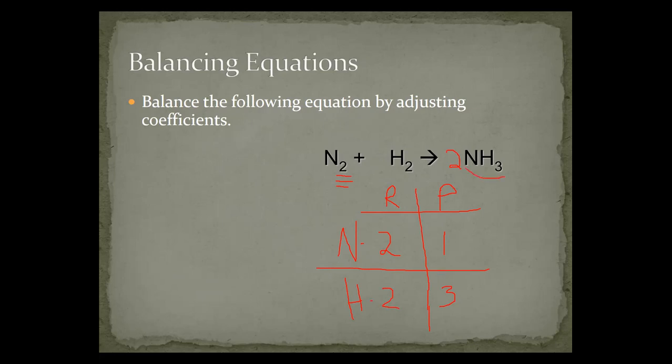So now, how many nitrogens do I have on my reactant side? I cross this first number out. I don't erase it. I cross it out, and then I put the updated number there. 2 times 1 gives me 2. But this also changed the amount of hydrogen that I have here. So now I have 2 times 3, which gives me a total of 6 hydrogens.